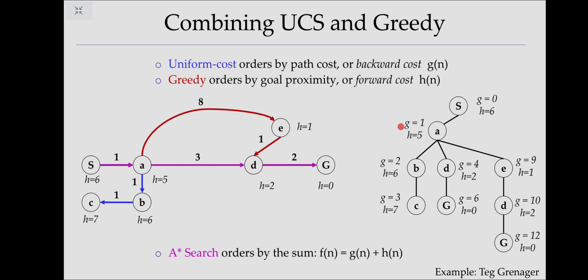For updating G, we use addition of the cost between the predecessor node and A, that is S. The value of G in S is 0, plus the cost connecting S and A, 1.